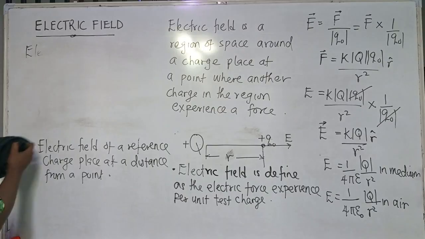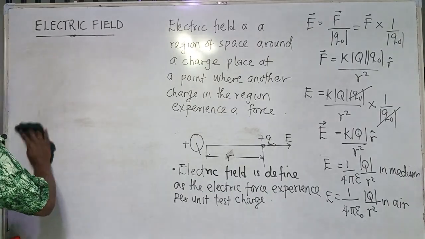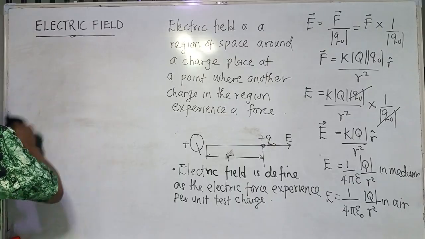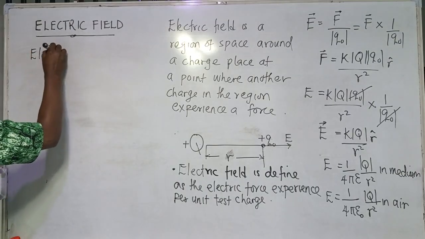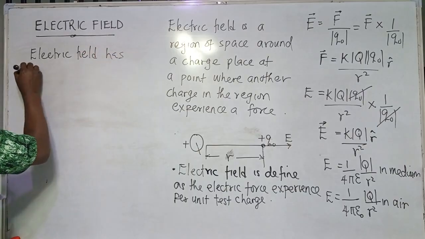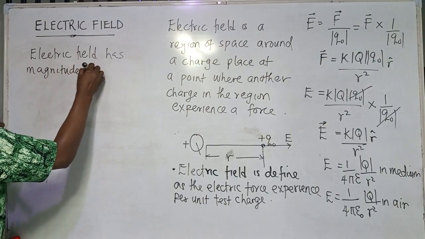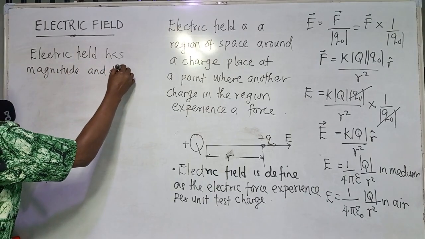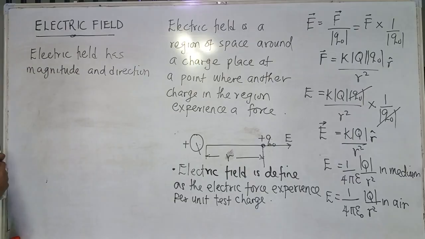So let me clear this other side. Electric field has magnitude and direction. How do we calculate the direction and the magnitude?